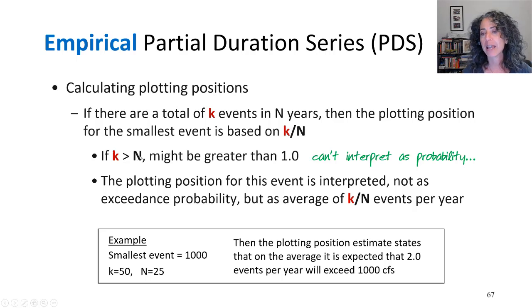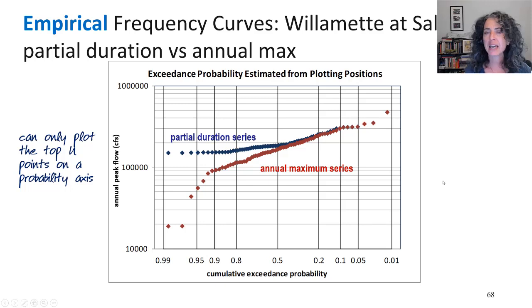Right? And so if we have a rank greater than n, then we have a plotting position that's going to compute to a value greater than 1. That can't be interpreted as an exceedance probability. So instead, we interpret it as the average number of events per year. Right? Now, because it can't be interpreted as exceedance probability, we can't plot those events on a probability axis.